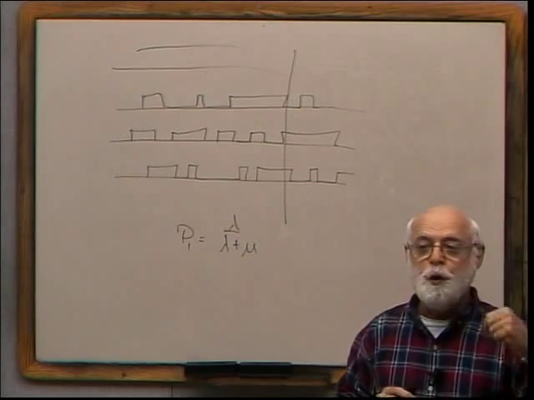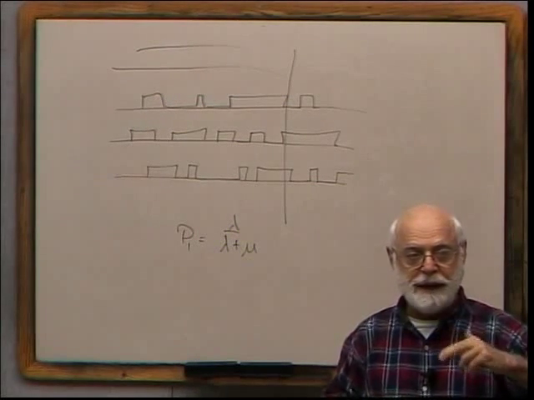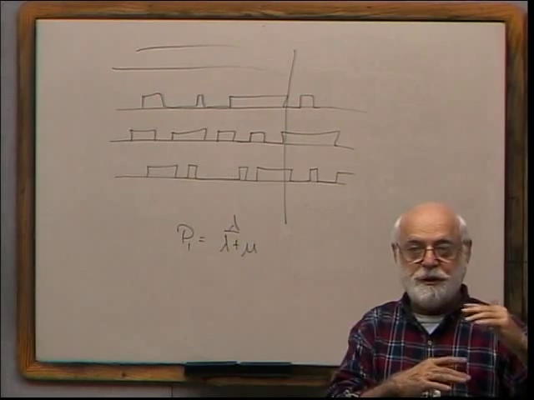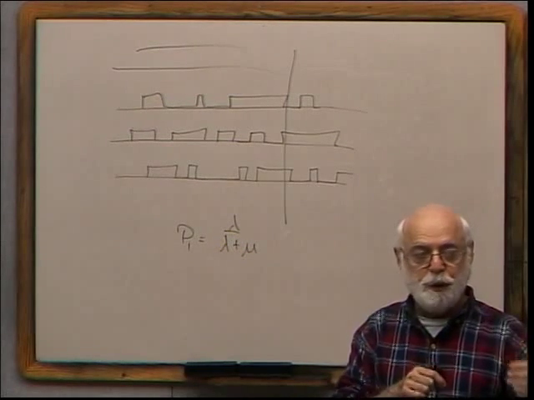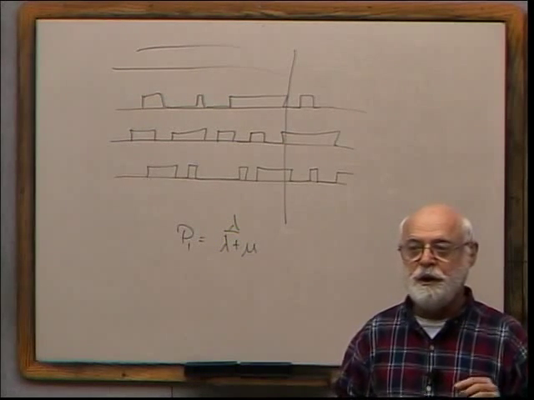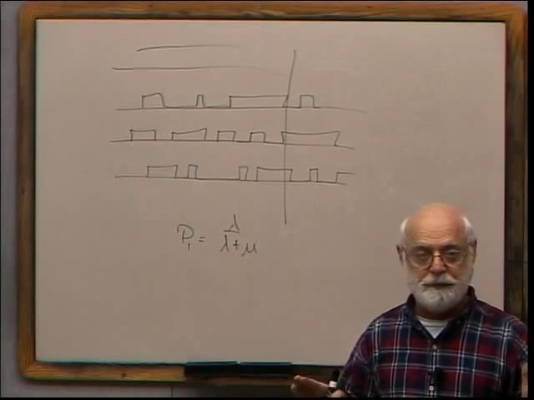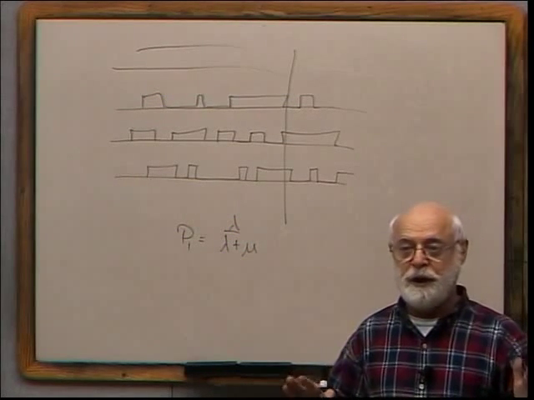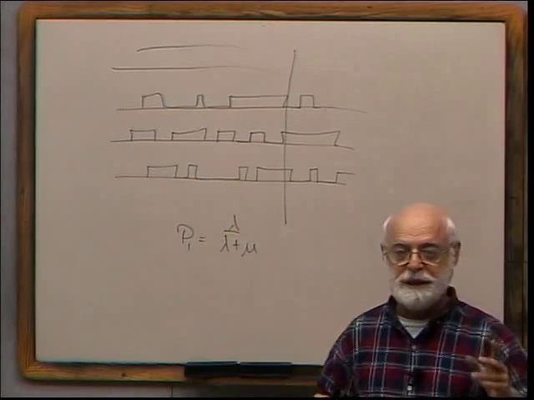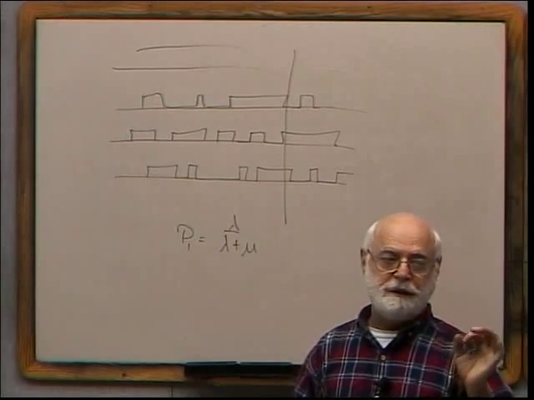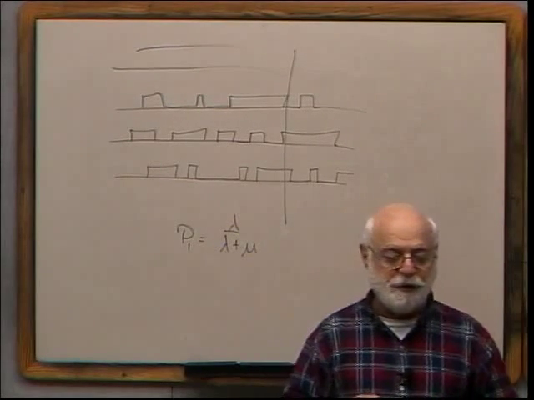That was a ratio of integers. It turned out that if the input process was a Poisson process, those 2 numbers are the same. In principle, they're the same. In simulation, of course, they're going to be slightly different. But in principle, they would be the same if the simulation were 100% accurate.